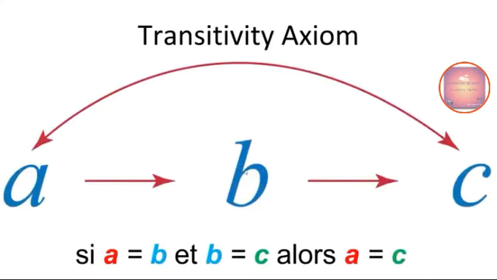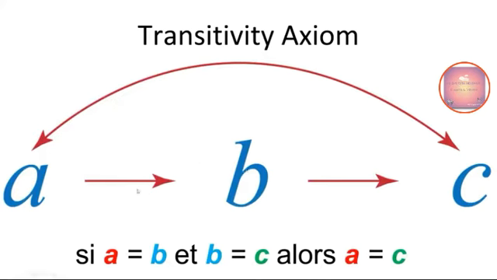And so, because linguistics is a product of logic and mathematics, it follows certain mathematical axioms. And so this is an axiom called transitivity in logic and mathematics.